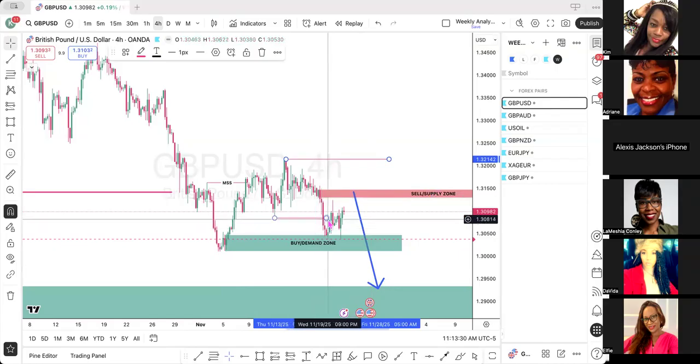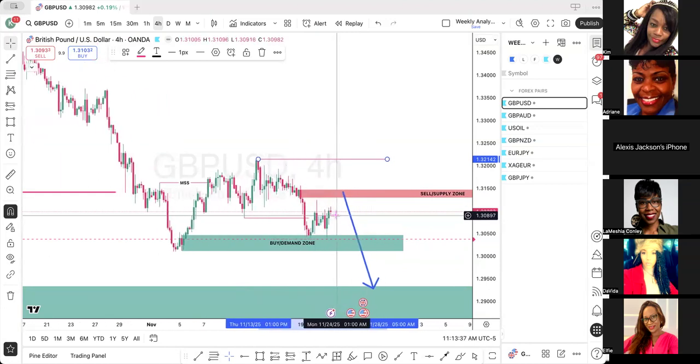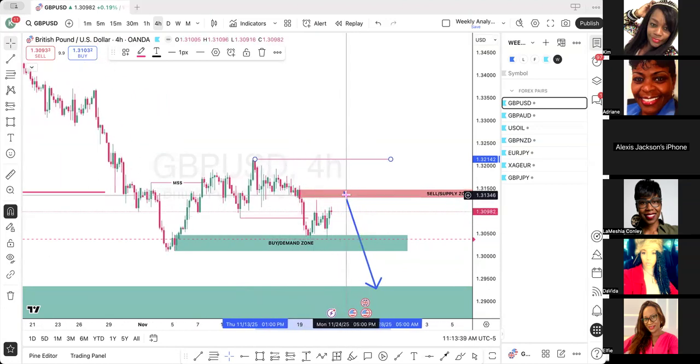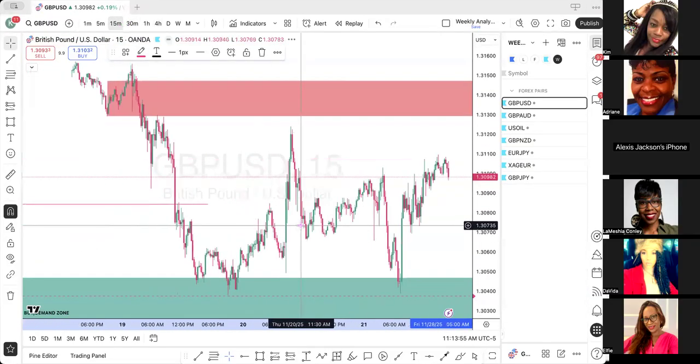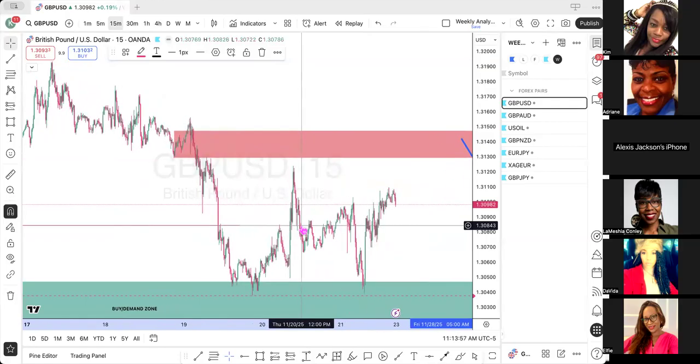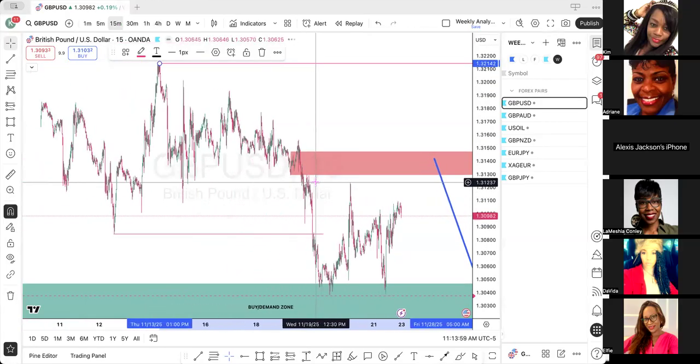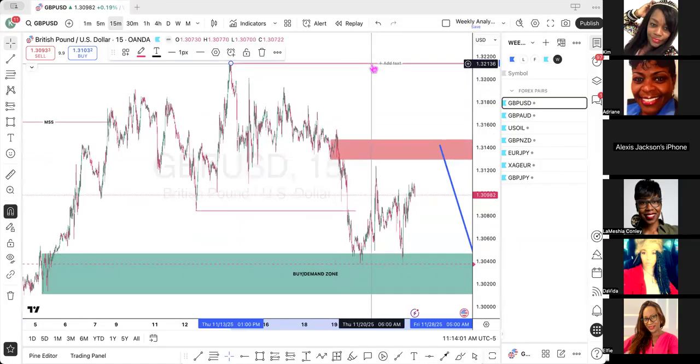I don't see any other structure that price is giving me that it's going to buy up in this zone right here. So that's why I would be looking for the sell. Now, of course, if price starts to continue buying up, or if you go to a lower time frame, remember, this is your swing high here.